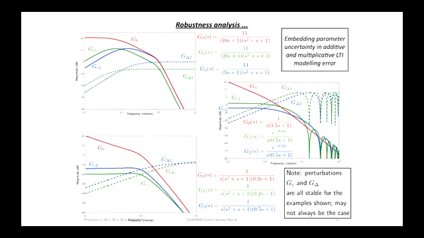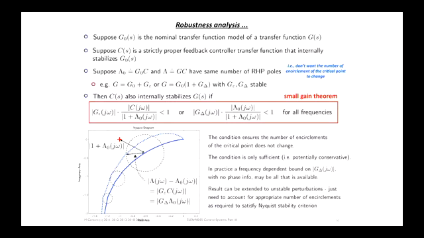Now, for the rest of the lecture, I'm going to focus mainly on the multiplicative uncertainty, because it seems to have the same sort of behaviour in all of the cases considered, whereas it's a bit different for the additive uncertainty. The key thing about multiplicative uncertainty is it's typically more significant at high frequency than low frequency.